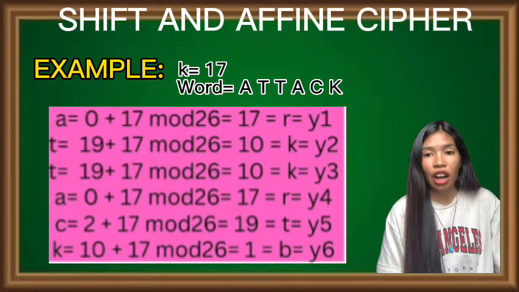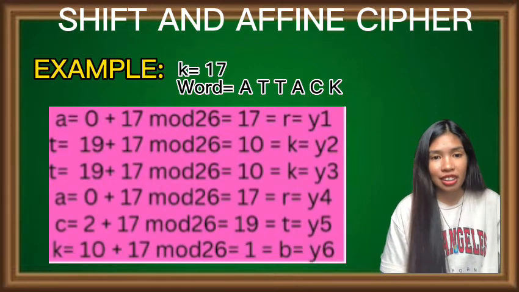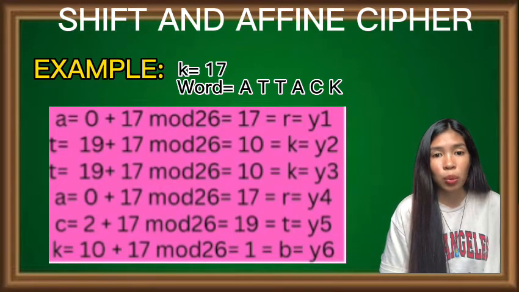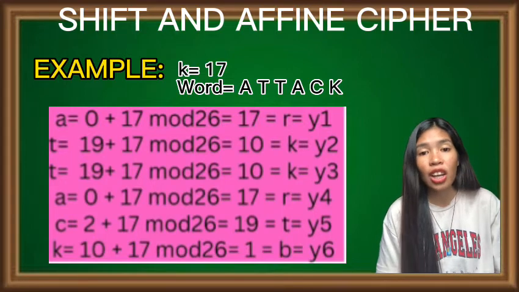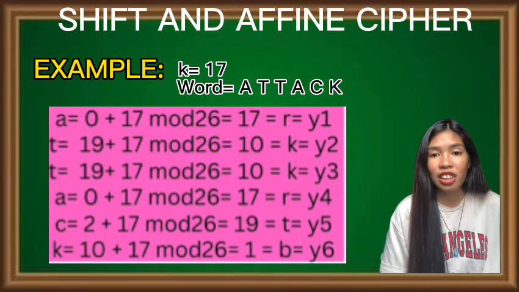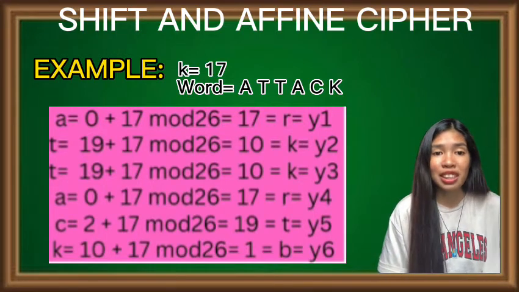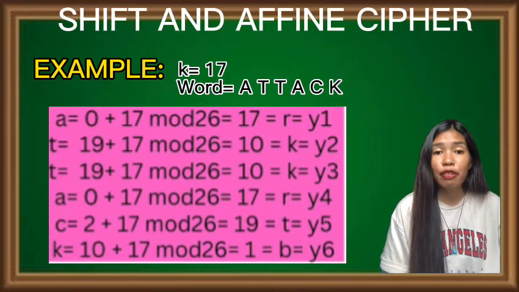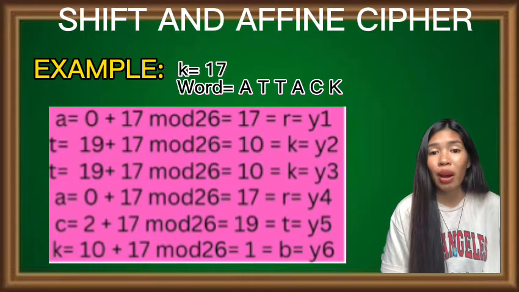Eventually, our output is y1, y2, and so on. y1 is 17, y2 is 10, y3 is also 10, y4 is 17, y5 is 2, and y6 is 10.